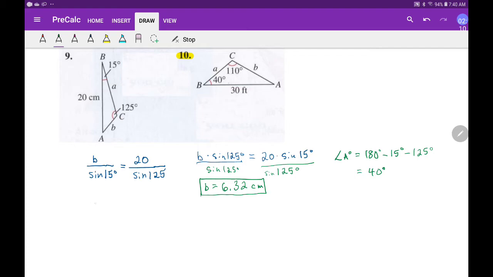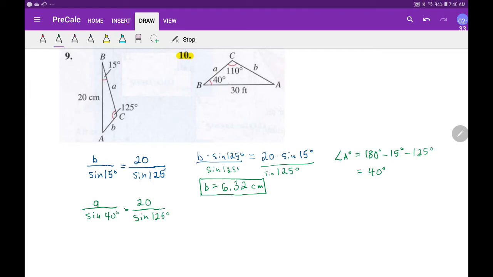So I can say A over the sine of 40 degrees, because that's angle A, and it looks like 40, doesn't it? Is equal to, I guess we'll use C again. We could use B or C, it doesn't matter, but I'm using C.